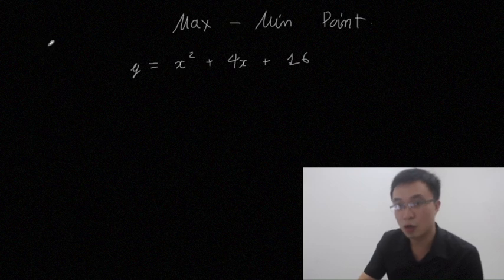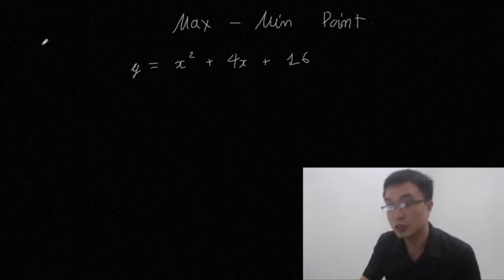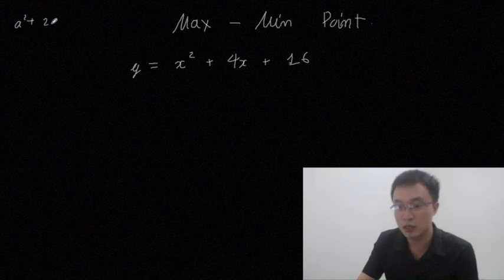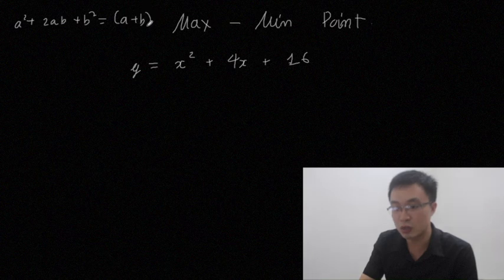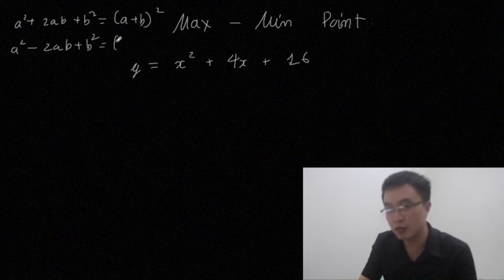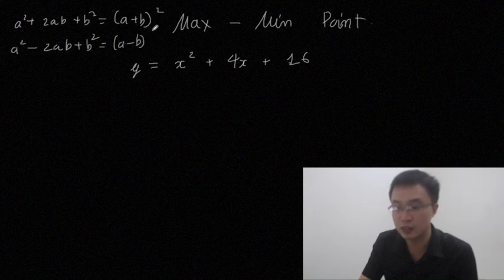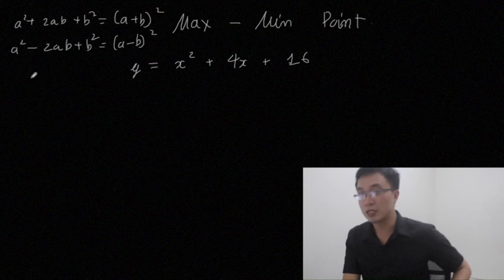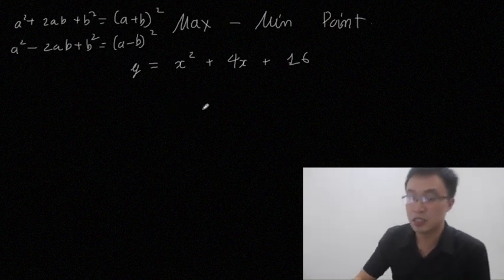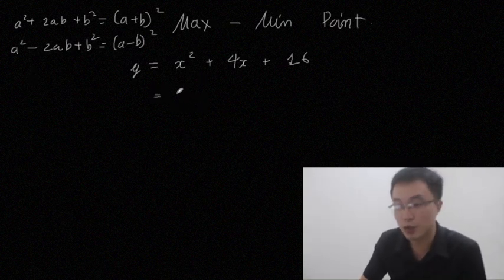Completing the square means I have to use two identity equations: a squared plus 2ab plus b squared equals (a plus b) squared. And the second one is a squared minus 2ab plus b squared, the square of difference, right? (a minus b) squared.